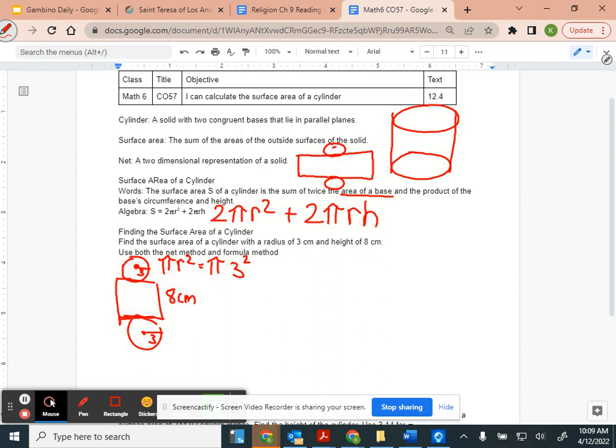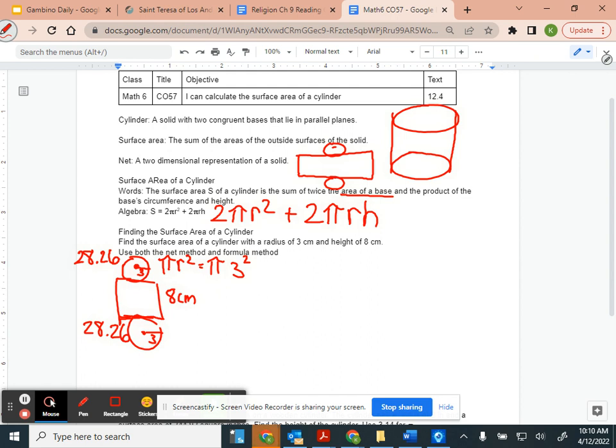Or did you find the whole thing? Okay, so did you do the formula method? All right. Well, that is 28 point what? 26. So, and we have 2 of them. And then we have our rectangle that we have to do.